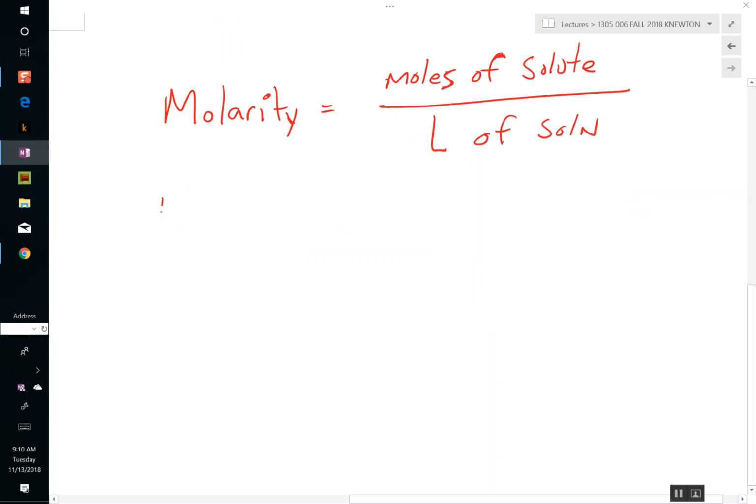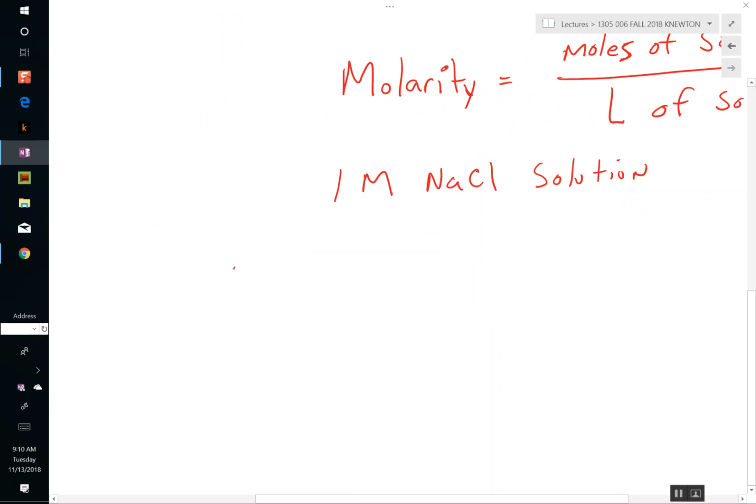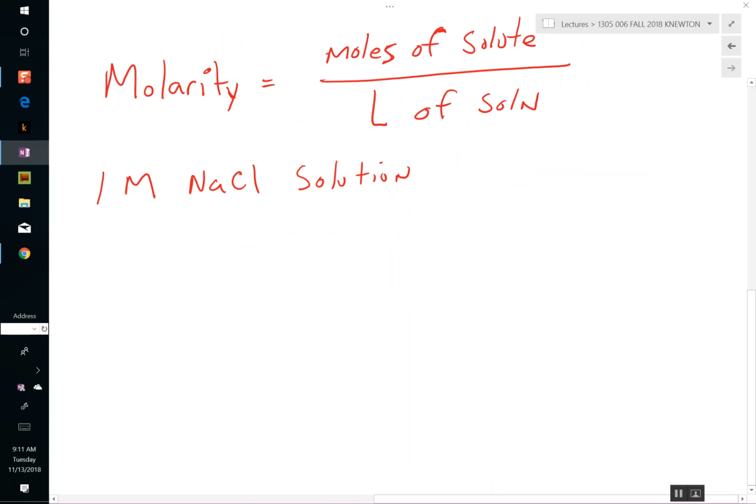So if I wanted to make a 1 molar sodium chloride solution, that would mean I would have one mole of sodium chloride in 1 liter of the solution. That would be 1 molar.